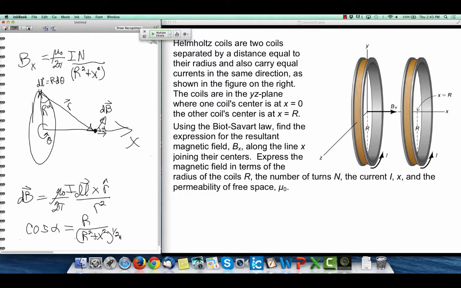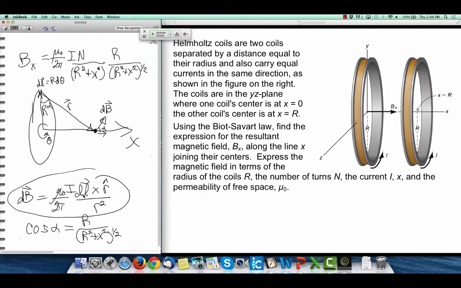And so I'm going to want an r up here and an r squared plus x squared to the 1/2. And to get the total, this B0 sub r is the differential magnetic field due to a differential piece of the loop.